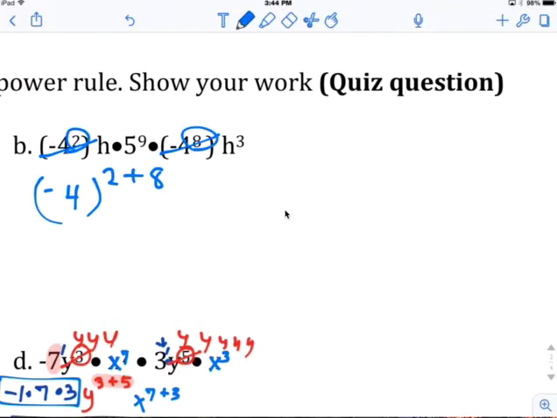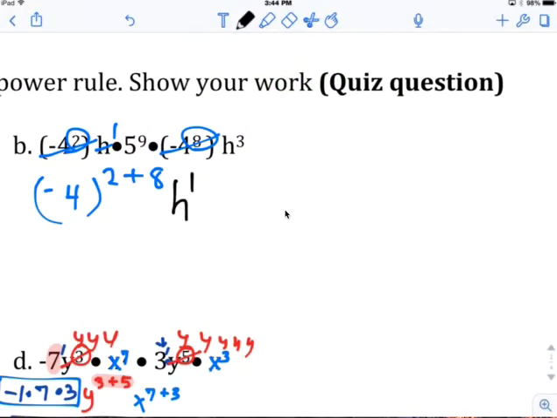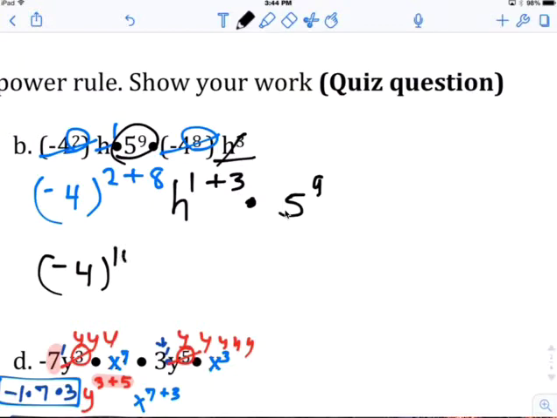That's okay, and then h to the first, there's 1 h. And there's 3 h's. Oh, and 5 to the 9th. So your answer then is -4 to the 10, 5 to the 9th, h to the 4.